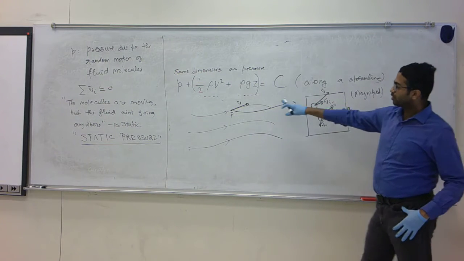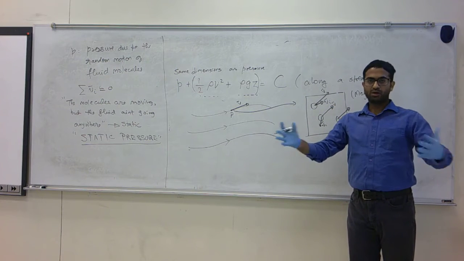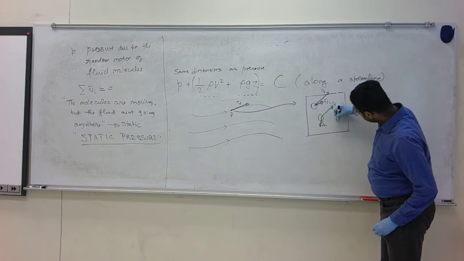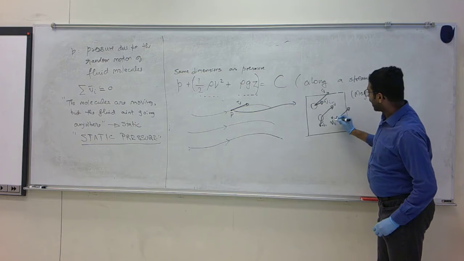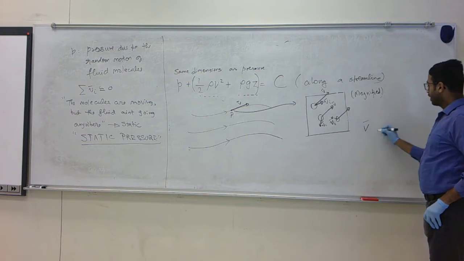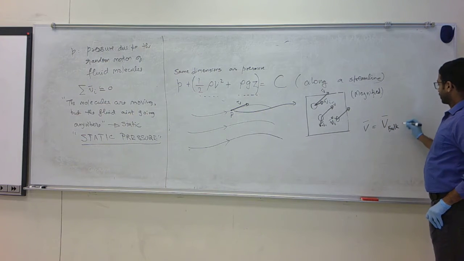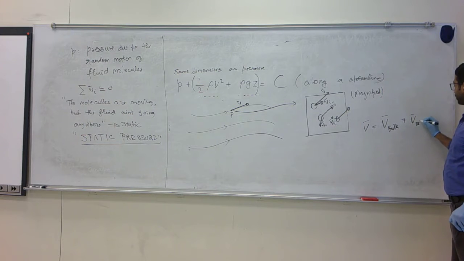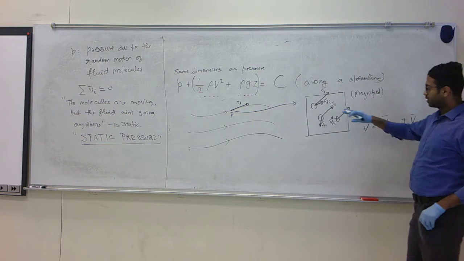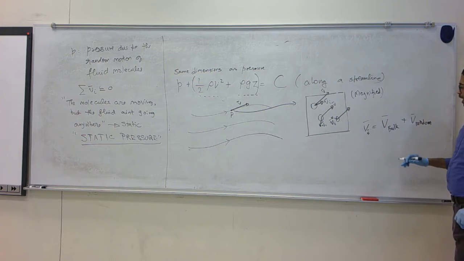One part is the bulk component, or whatever you see macroscopically on a length scale that is big enough, and then one that is microscopic, similar to the random motion of the molecule. So each fluid molecule has a bulk component plus a random component.